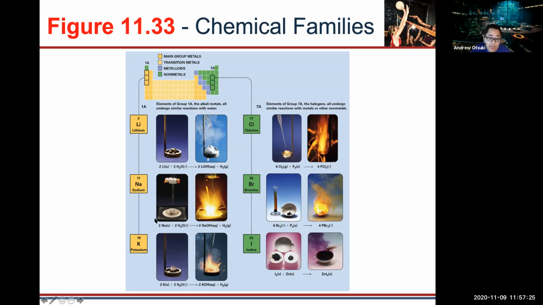All right, so 1A is the alkali metals: lithium, sodium, and potassium. You see here that when they react with water, they react quite violently, releasing hydrogen gas. Don't worry about this reaction, you don't need to memorize it. But as we go down this column, the reaction is much more intense.